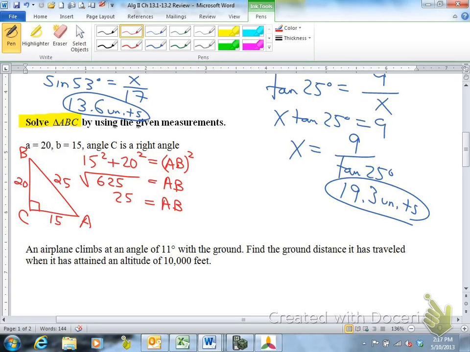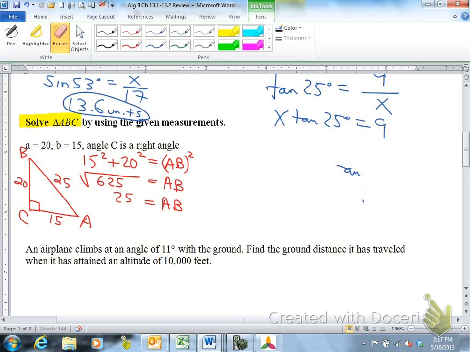Then you can solve for an angle using trig ratios. Solving for angle, I usually pick angle A before B just because of alphabetical order. It doesn't matter which angle you pick. If I solve for angle A, I can use sine, cosine, or tangent, any of the 3 trig ratios, because I know everything about the sides. So I'll do sine of A equals 20 over 25.